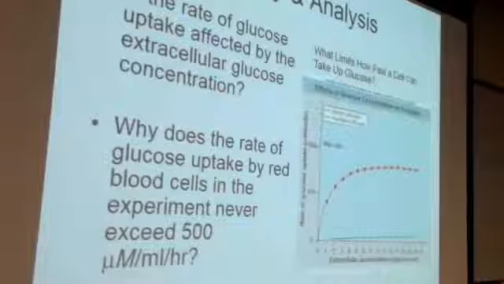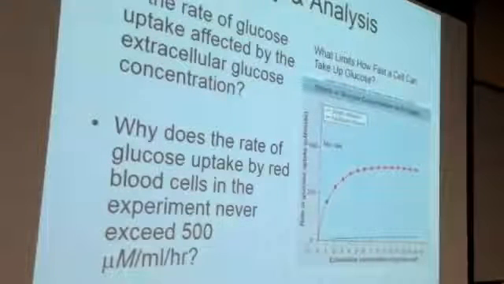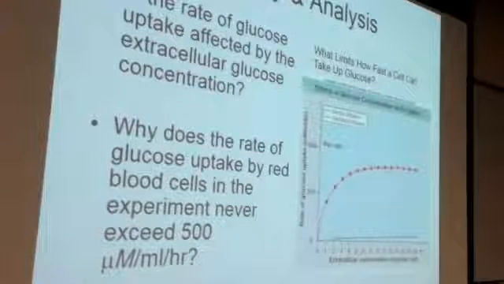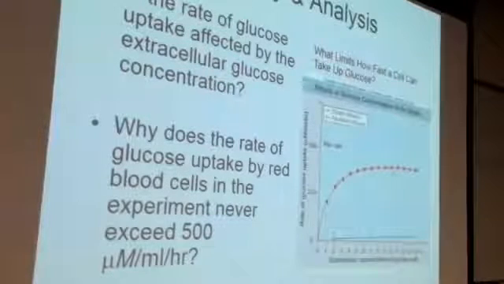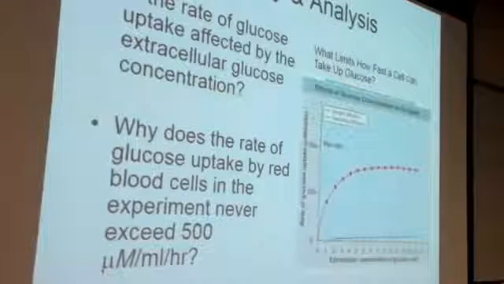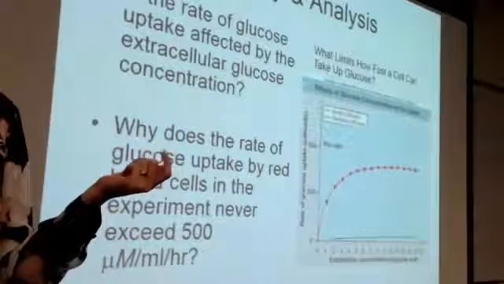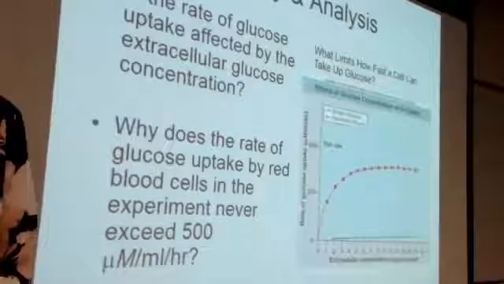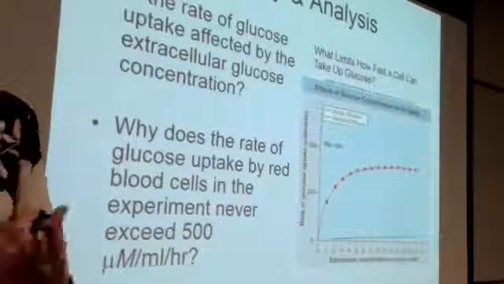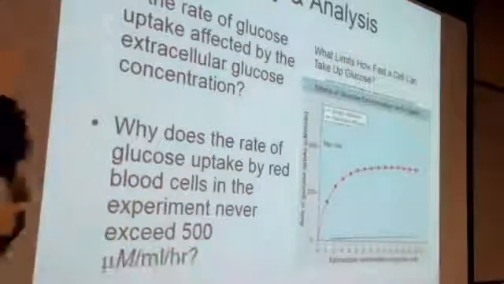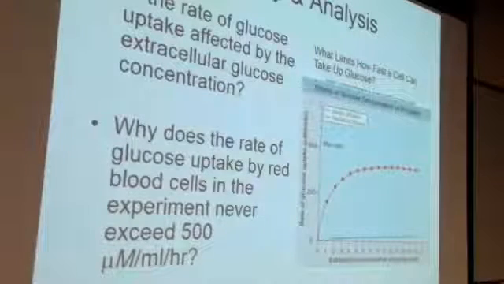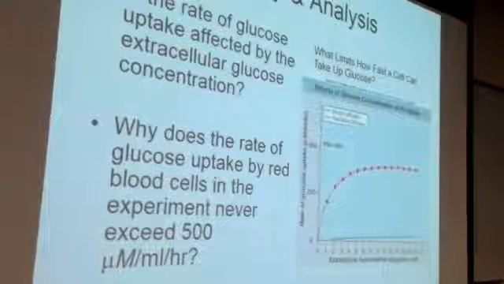So the more glucose is outside the cell, the faster it'll uptake to a point. So up here we see that it's going to taper off because there are only so many proteins available to bring that glucose in. And if they're all busy, it's kind of like sandbagging. If you have people sandbagging, even if you have the fastest people, it's going to taper off at some point where you can't move any faster because you only have so many people. Your cells only have so many proteins, and once they're all busy, they're all busy.